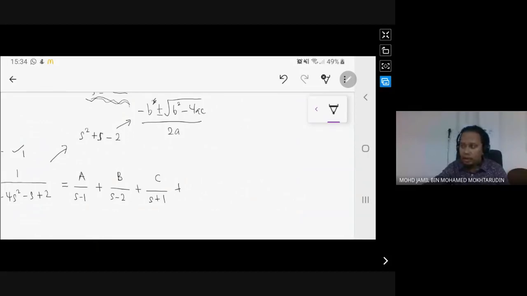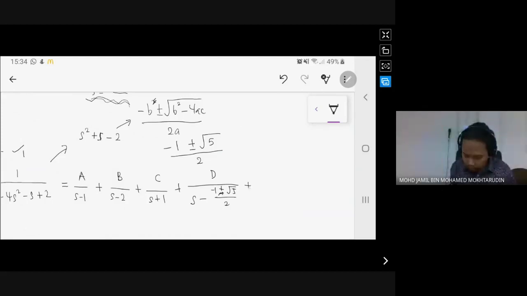Acceptable, but you can factorize this so you get the values in decimal places. So here you will get minus 1 plus minus square root of 5 divided by 2. So you can write D divided by S minus minus 1 plus square root 5 over 2, and then plus E over S minus minus 1 minus square root 5 over 2.